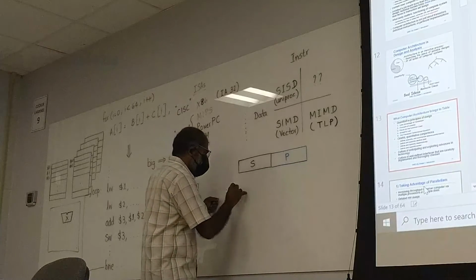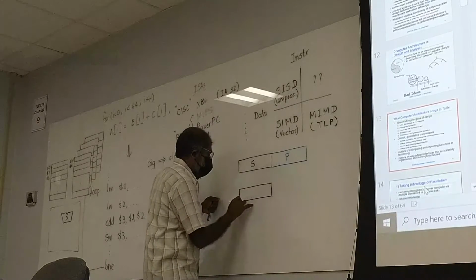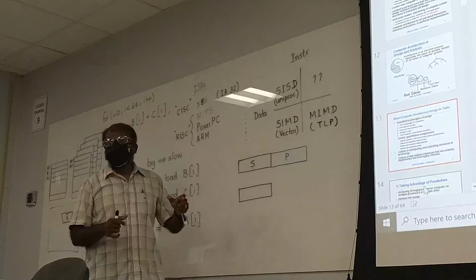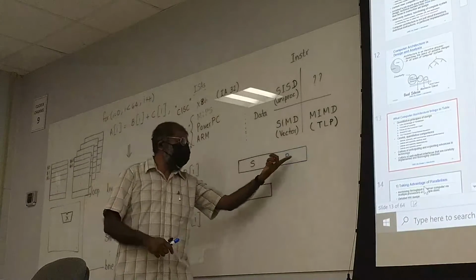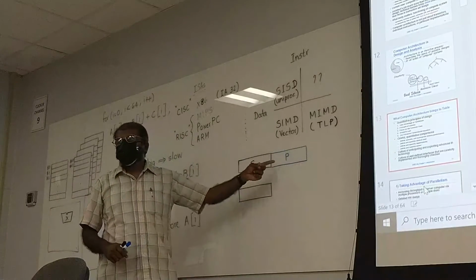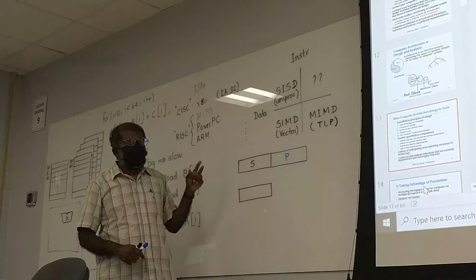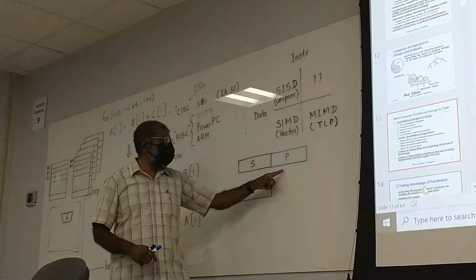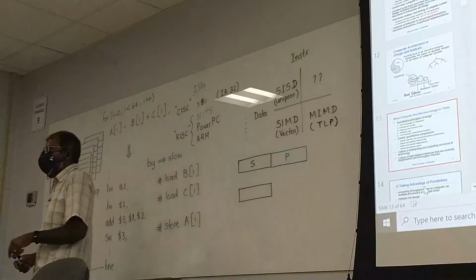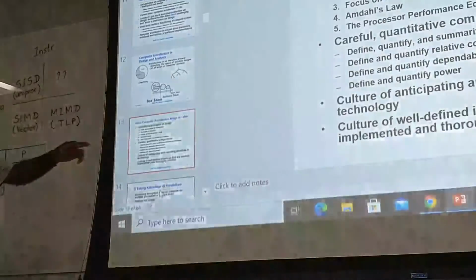So you end up having thrown a lot of resources to reduce this part, but ultimately your overall speedup is going to be capped at about a factor of 2, because your original execution time was this, and your new execution time is approximately half of that. That's what Amdahl's law states.